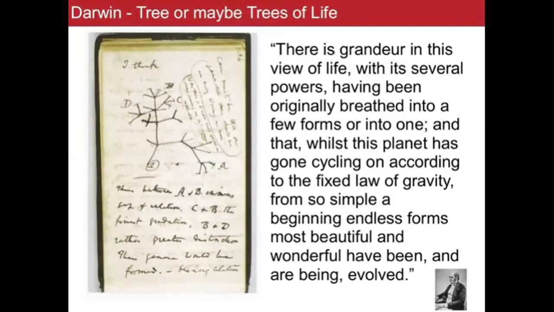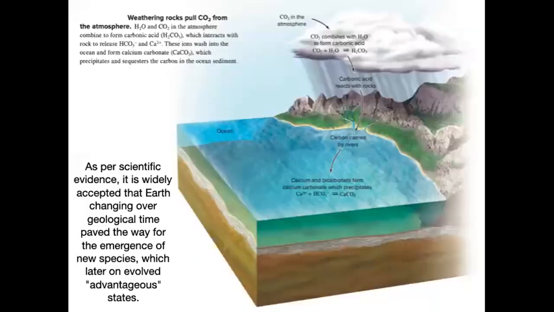And one thing that may have led to these adaptations was the changing climate of the Earth over time. We know that the Earth before was not what it is today. And we know that the Earth changing over time paved the way for the emergence of these new species, which later on evolved advantageous states. And these advantageous states made them resilient, made them occupy a particular niche.